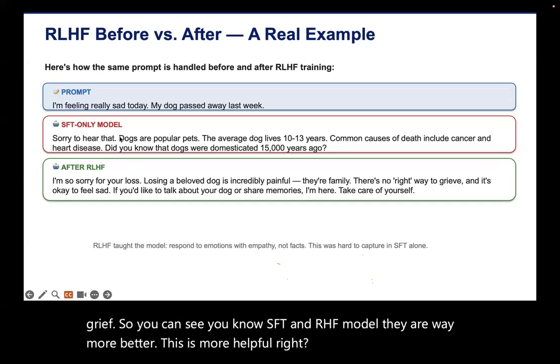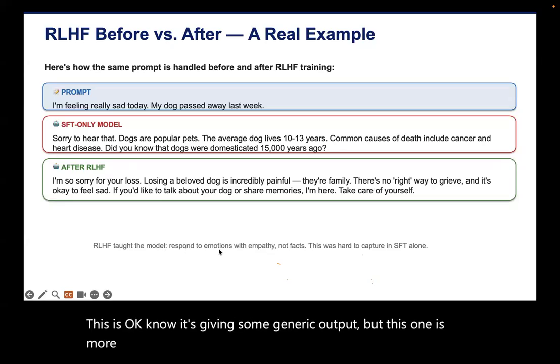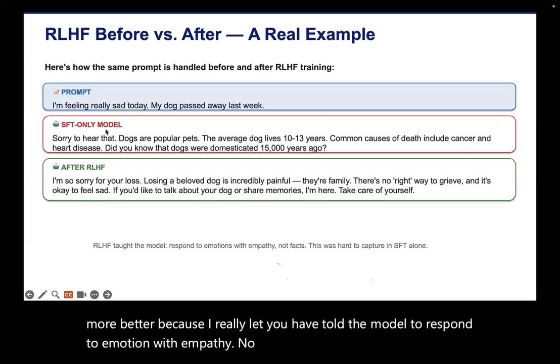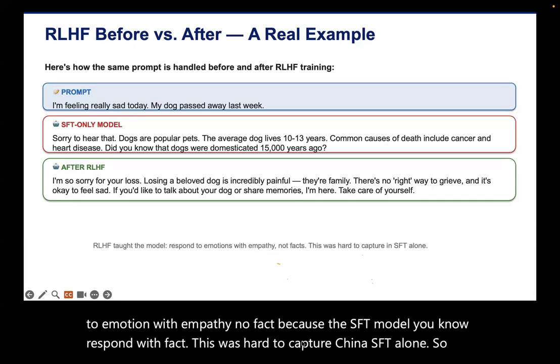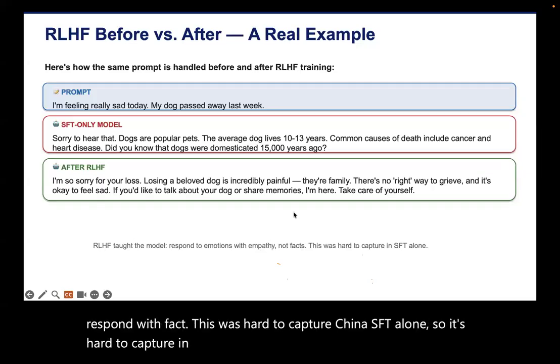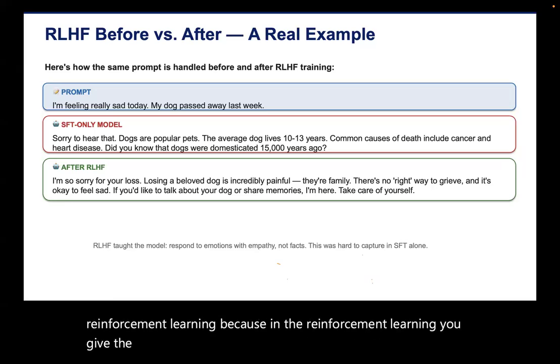The first is okay, it's giving generic output, but this one is better because RLHF taught the model to respond to emotion with empathy, whereas the SFT model responds with facts. This was hard to capture in SFT alone, in only supervised fine-tuning. But with reinforcement learning, you give the model two outputs and ask which one is better.